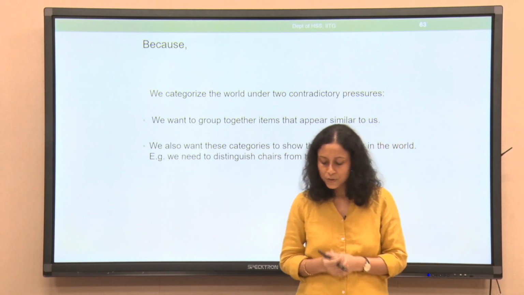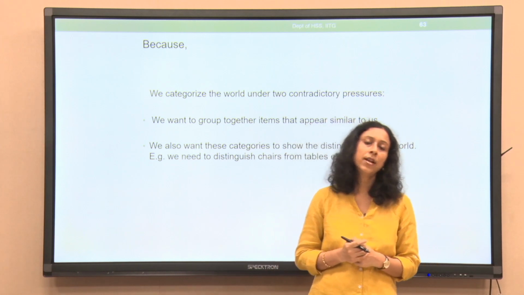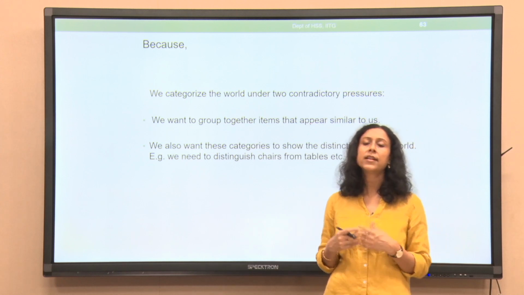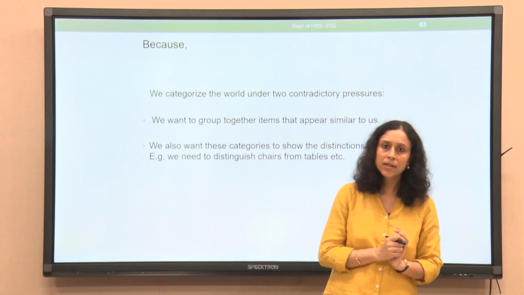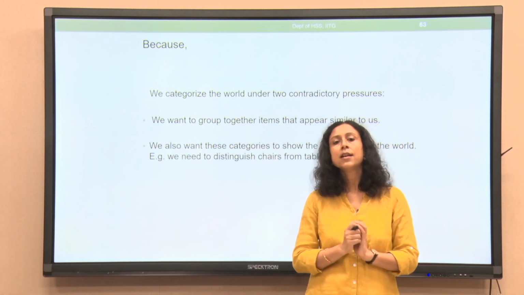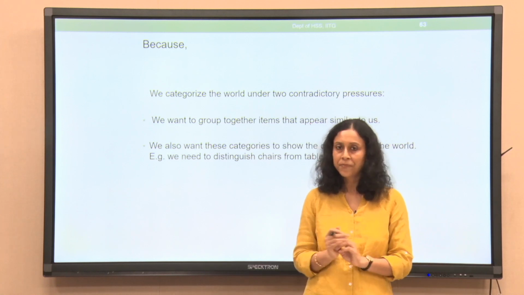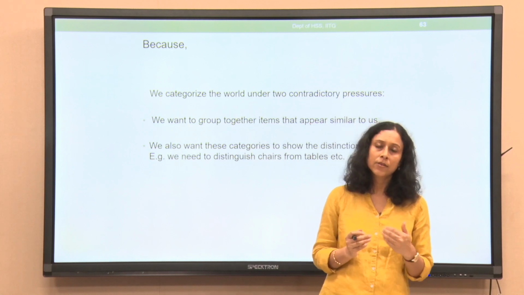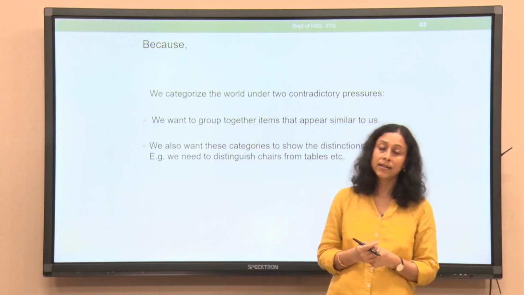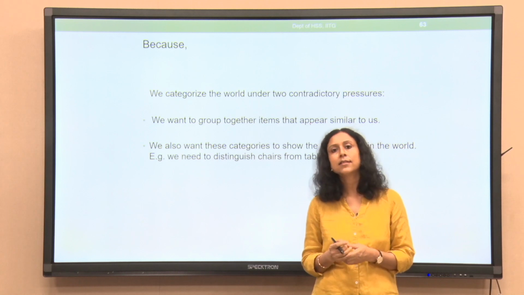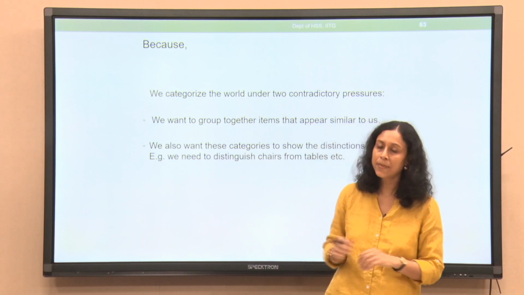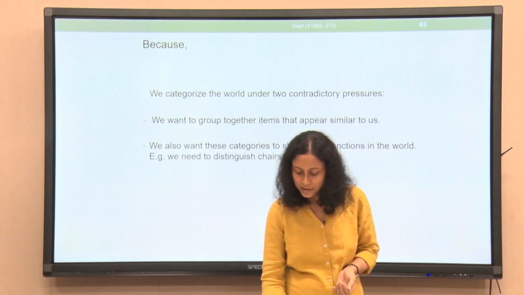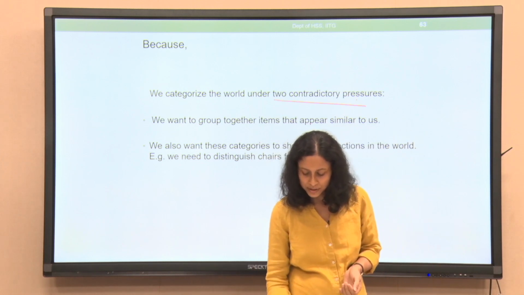So, what we do when we categorize is that we are working under two contradictory pressures of putting similar things together and putting separate things separate. These are the two basic understandings about categorizing. Why do we categorize? We categorize to put similar things together, but also different things separate. So, these are the two contradictory forces that we are talking about here.